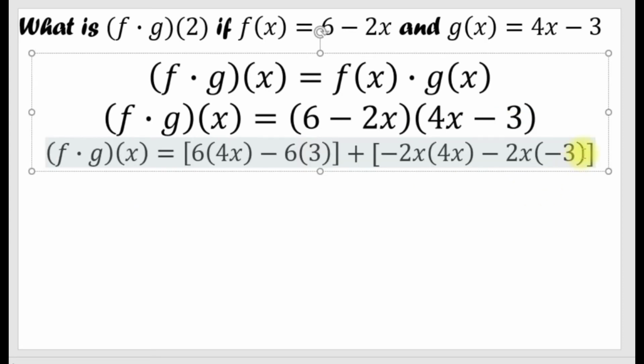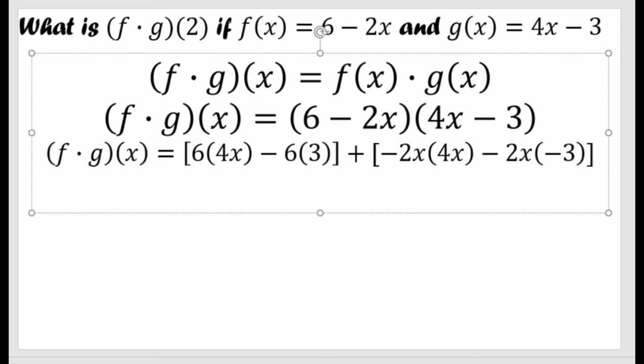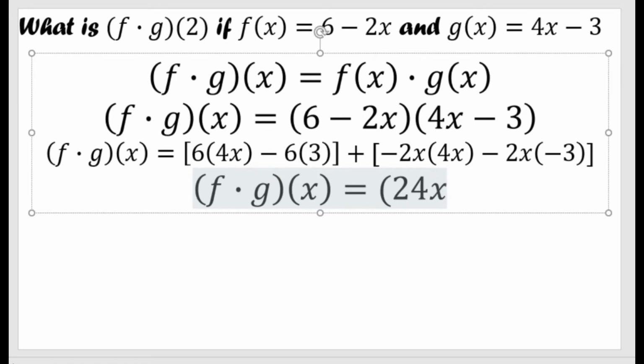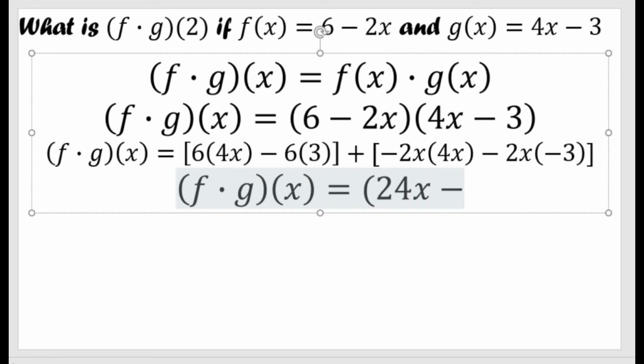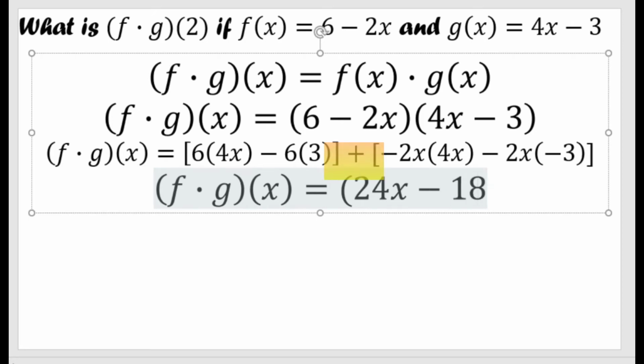After that, we are now ready to simplify it further. Doing that, we'll have 6 times 4x is 24x minus 6 times 3 is 18.